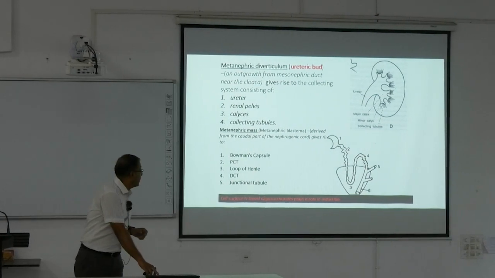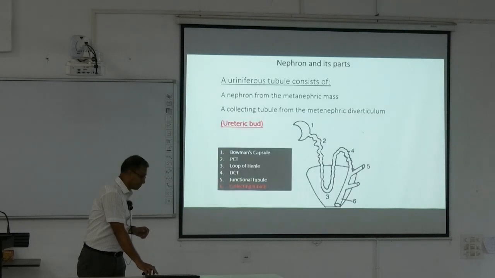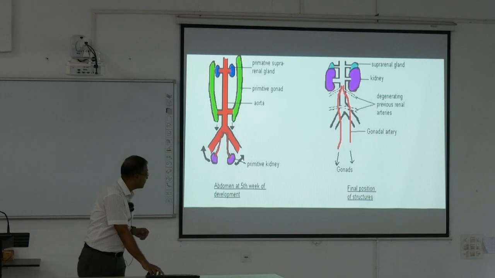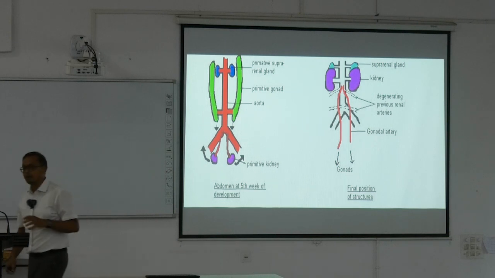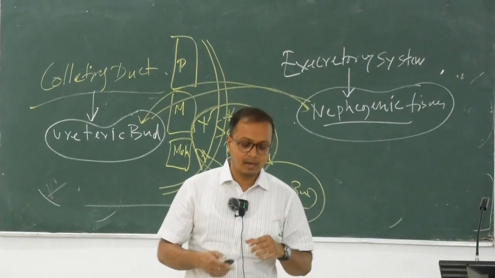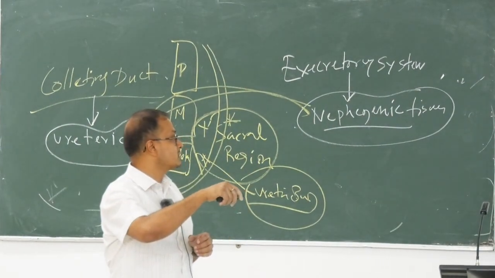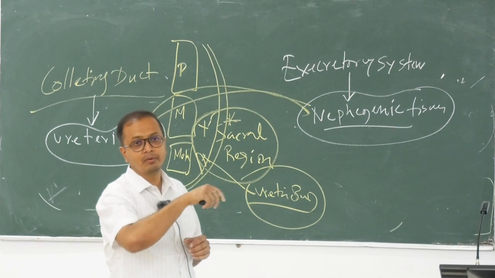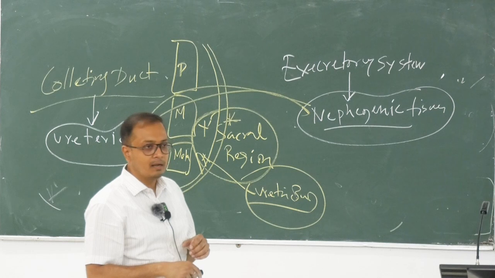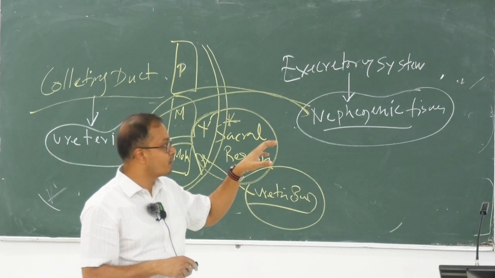Now, about the kidney developmental errors, which concern us. When the kidney develops in the adult form, known as the metanephric kidney, it develops in the primitive region, the pelvic region. But the kidney finally is placed under the diaphragm.